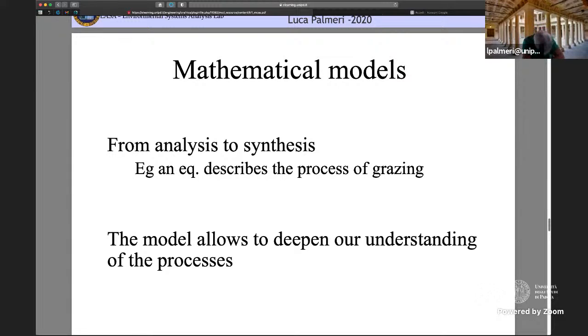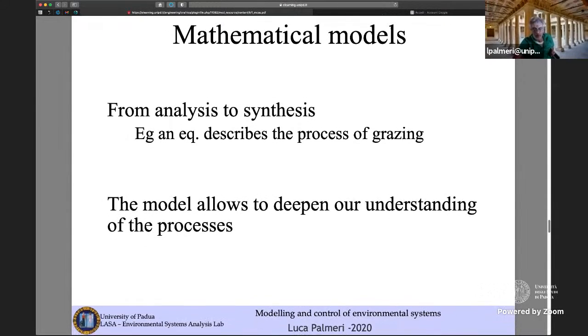Point is that even if we can describe very roughly this kind of linkage by finding a very simplified equation, and we will see some examples of this kind of equation, the fact that we have this description allows us to deepen our understanding of the process.